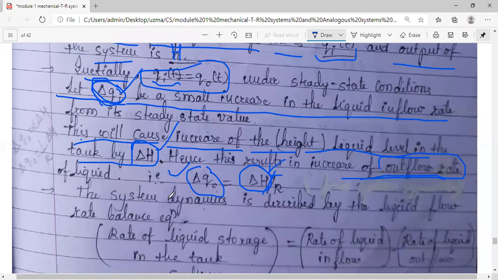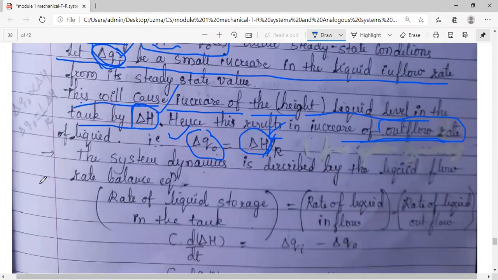So if I take the law of conservation, balance is necessary: the rate at which it comes in is the rate at which it goes out. So if I want to write a liquid flow balance equation for the above system, what will it be?